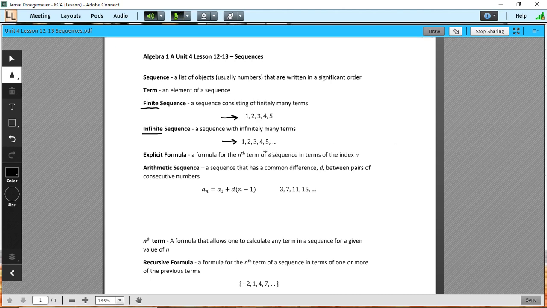Sequences can have an explicit formula. So that's another term that we want to understand. If we say it has an explicit formula, then that means it has a formula for the nth term of the sequence in terms of the index n. So let's talk about what that means.